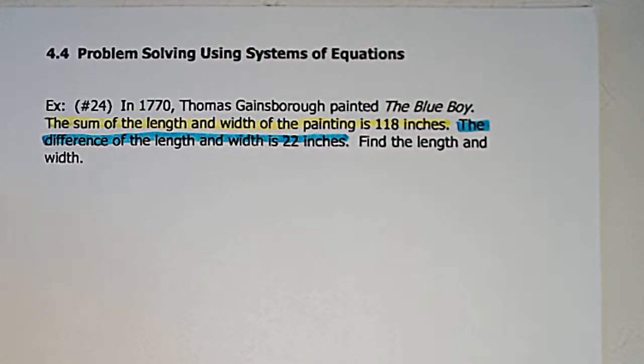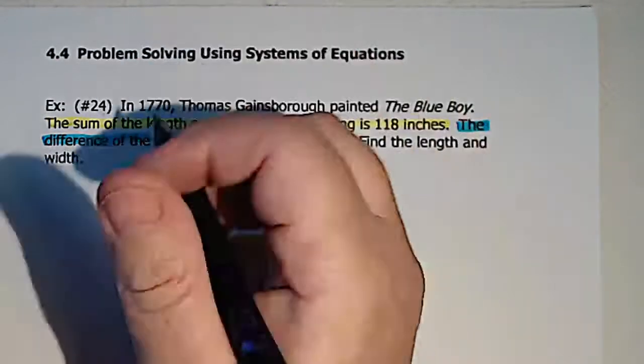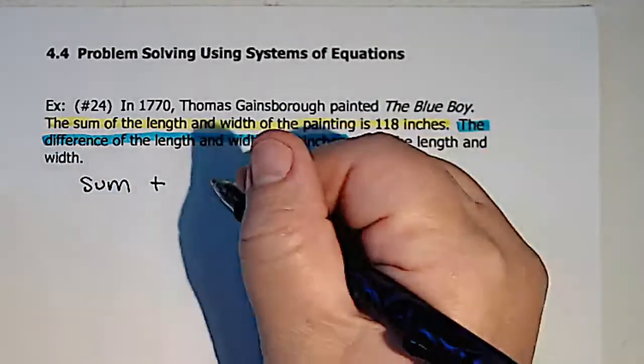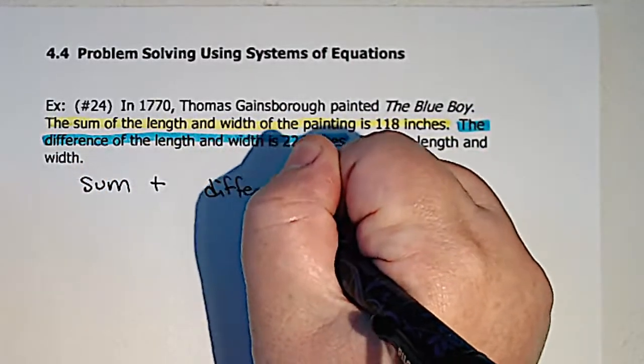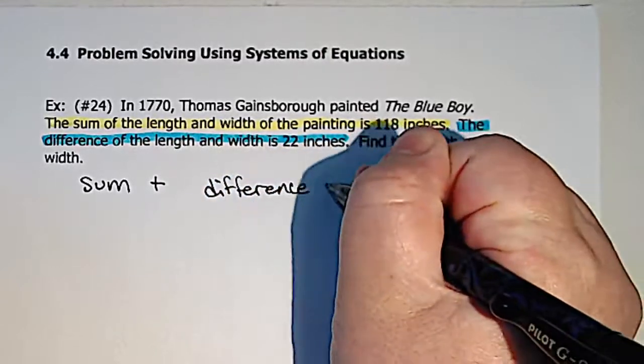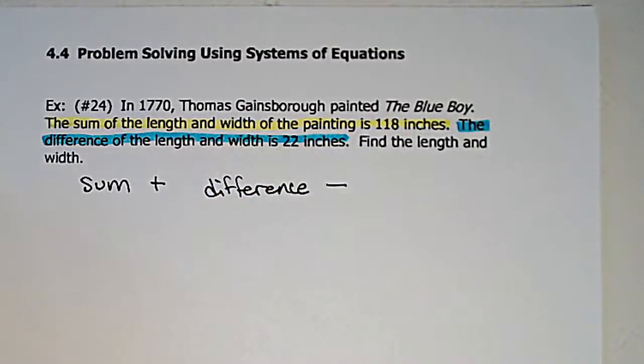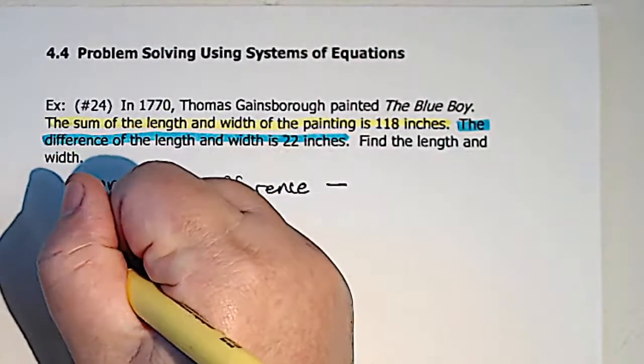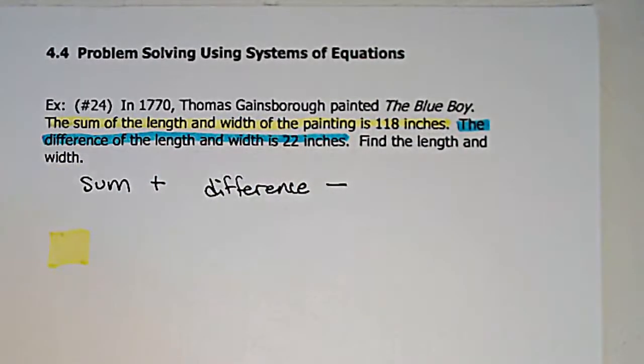Okay. So a couple things to remind you of. The word sum means what happens when you add. The word difference means what happens when you subtract. And so the yellow sentence is: the sum of the length and the width of the painting is 118 inches.